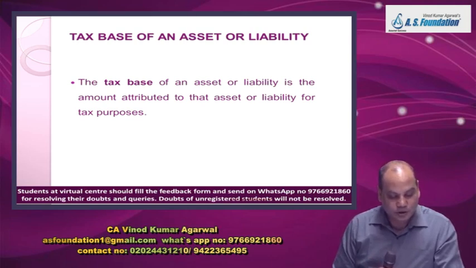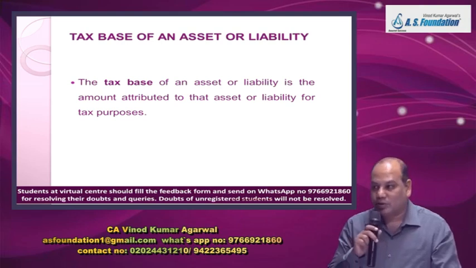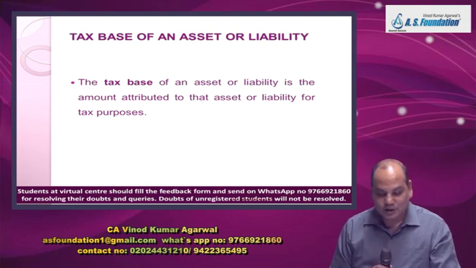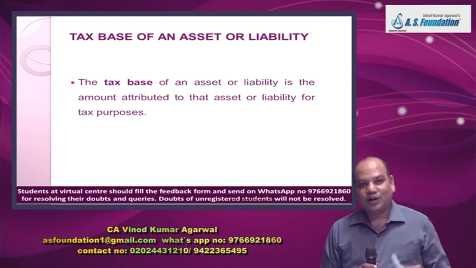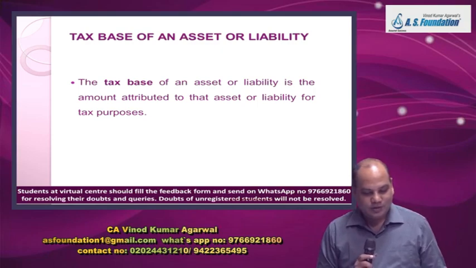After you have identified whether the difference is a taxable or deductible temporary difference, you compute DTA or DTL by using the tax rate that has been enacted or substantively enacted by the end of the reporting period. So that is the standard. What you have to learn now is how to compute the tax base of the asset or liability. That we will see.